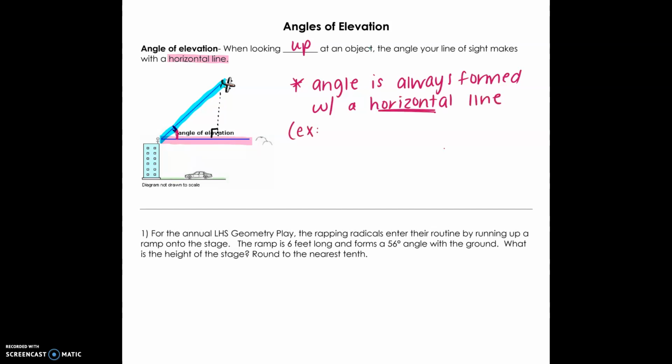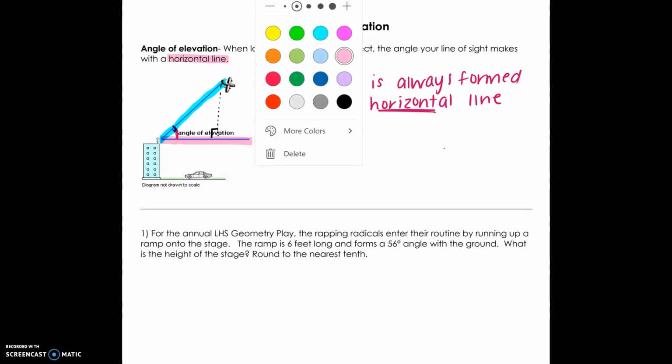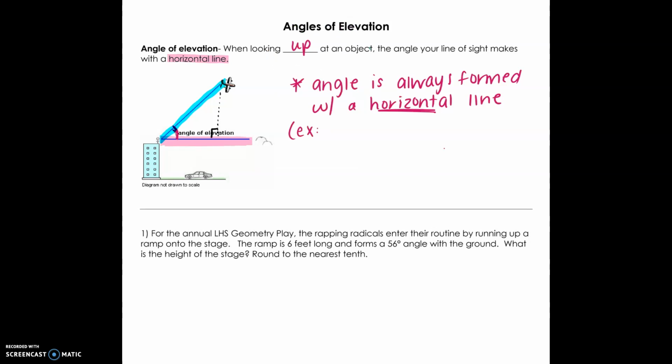So an example, if we look at the picture to the left, the person standing on top of the building is looking out straight forward. If that person looks straight forward, his line of sight is the pink highlighted line, which is our horizontal line. So sometimes this horizontal line will be a person's natural line of sight looking forward.